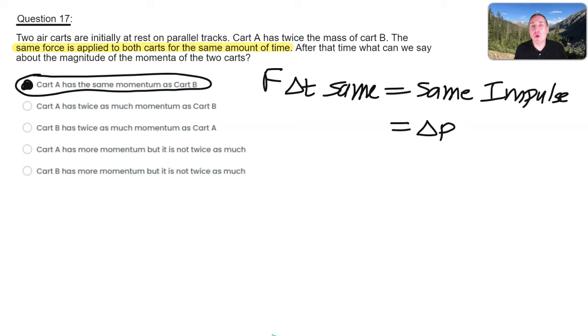What the situation will actually look like is cart B will be moving faster than cart A. In fact, cart A, being twice as massive, should be moving half the speed of cart B, but they should have the same momentum because we push with the same force over the same time period. Does that make sense? So the results of what you view will not look the same, but they will have the same momentum. Okay, I hope that makes sense.